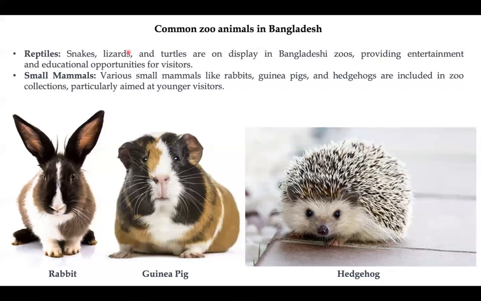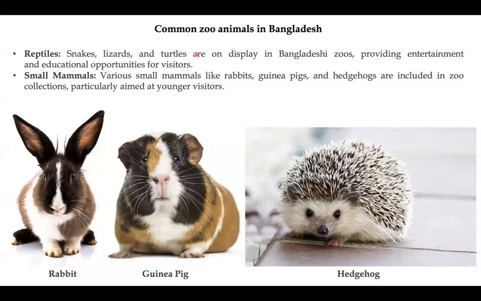Common zoo animals in Bangladesh. We have some reptiles. I guess in the next slide we will have the picture of a snake. So snakes, lizards, and turtles are on display in Bangladesh zoos, providing entertainment and educational opportunities for visitors.